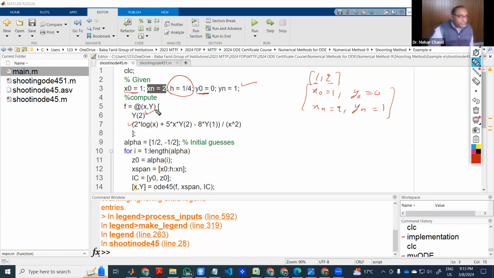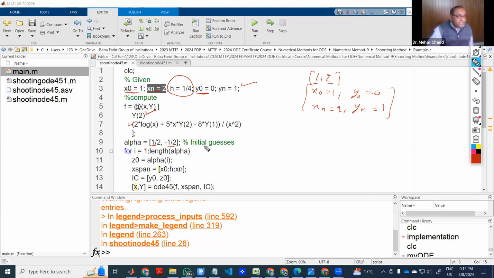So here one is y2 and the other is y1, which is equal to 2 log x plus 5x y2, where y2 means z, and minus 8 y1 upon x square. And also for the initial guesses, we choose alpha equal to 1 by 2 and minus 1 by 2.